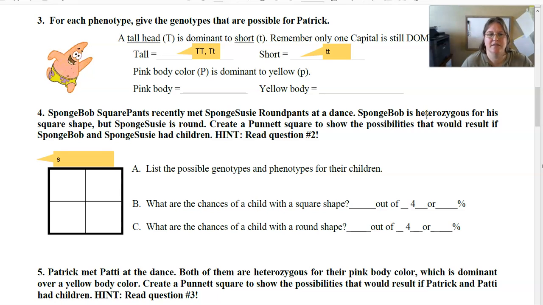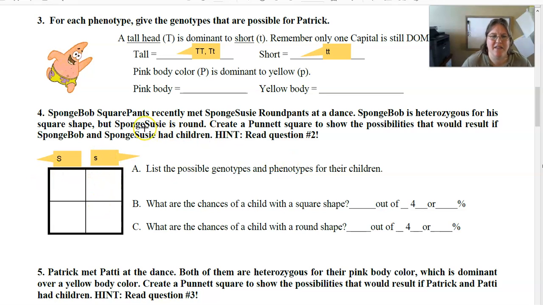So he gets a large there, and a small here for this column.